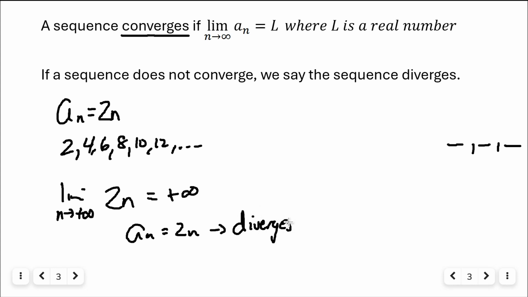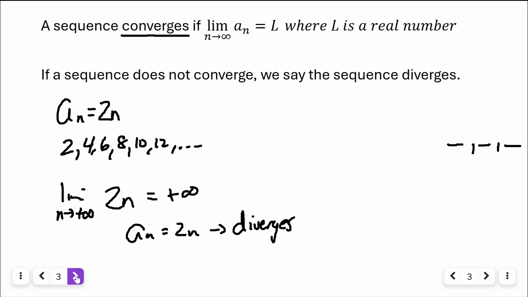What does it mean? It just means that the numbers that are all the way out here at the end of the list are going to be really, really large. They're going to be infinite, so large that you cannot write a finite value. All right, so that's what it means for a sequence to diverge.